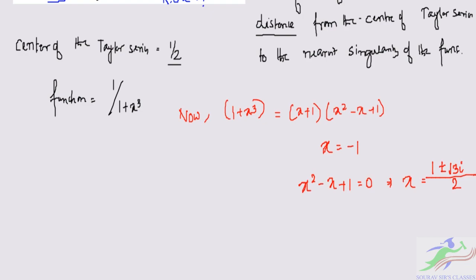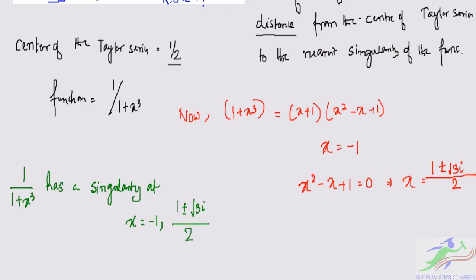So this function, 1 upon 1 plus x cube, has singularities at x equal to minus 1 and the other two points, 1 plus root 3 i by 2 and 1 minus root 3 i by 2. We have to find the minimum distance, so what is the radius of convergence?